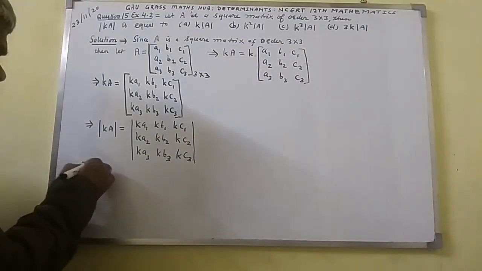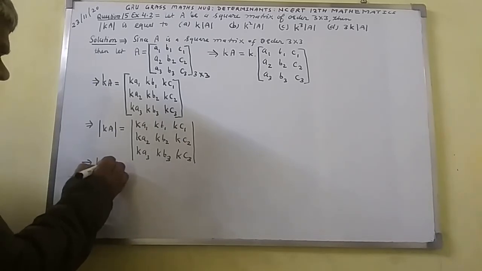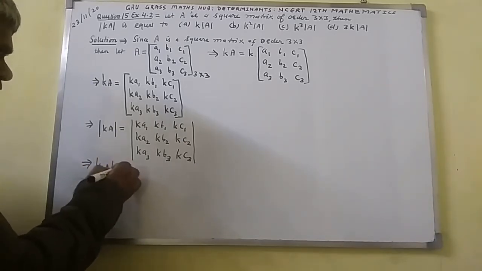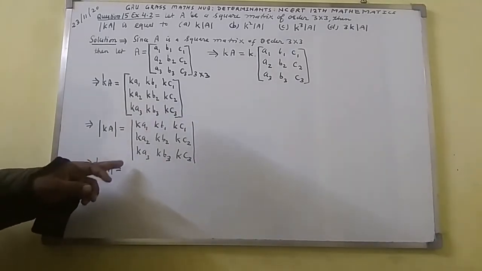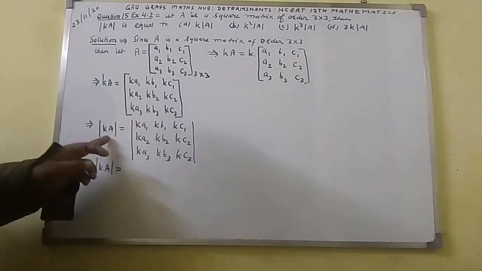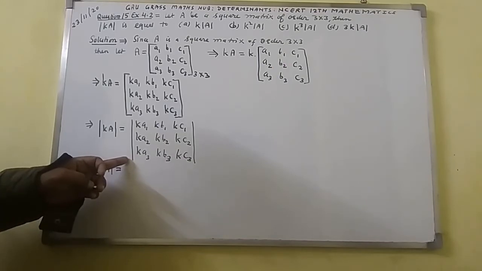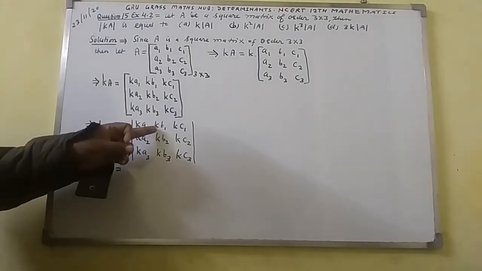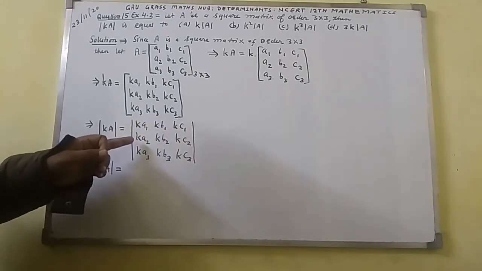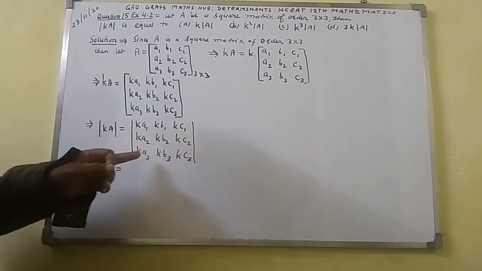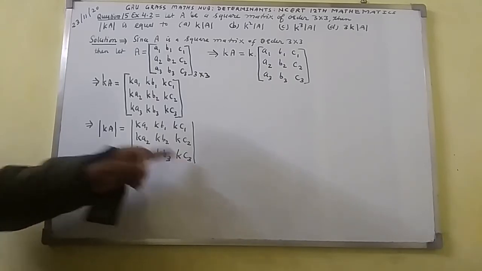So here I shall write det kA equal to, as I have mentioned here. When you find the determinant of kA, you get the determinant of ka1, kb1, kc1, ka2, kb2, kc2, ka3, kb3, kc3.